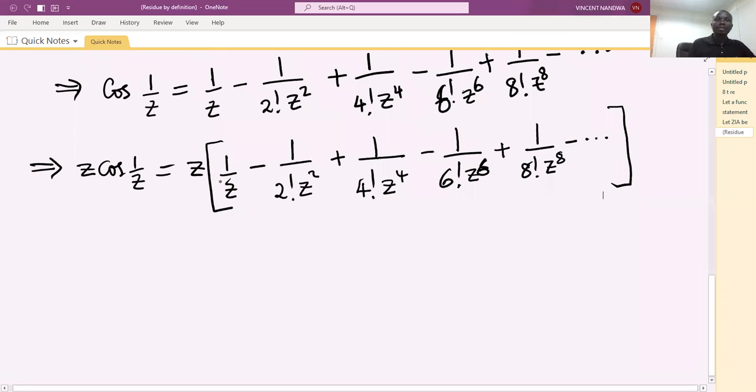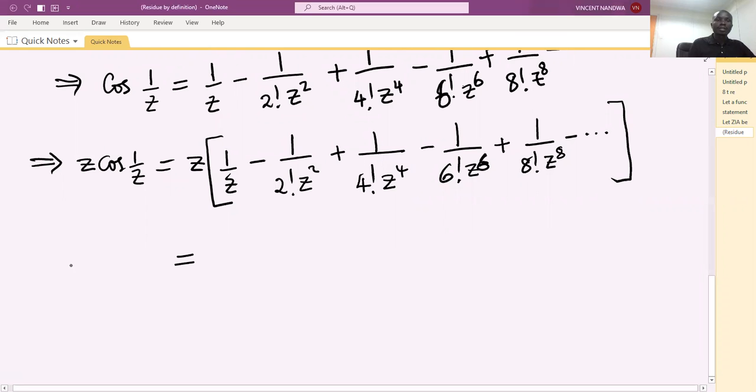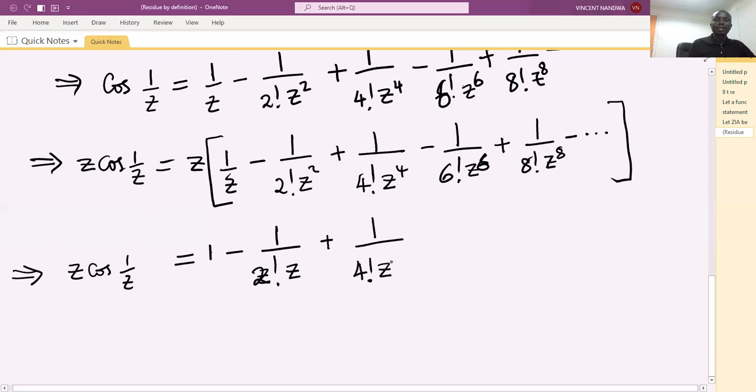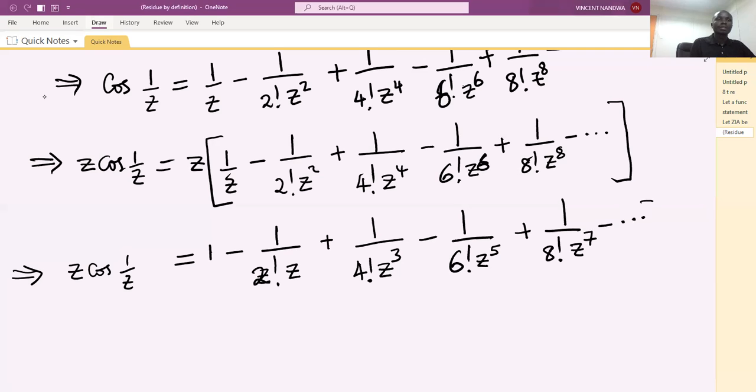So when we multiply every term by z, we get z cos(1/z) = z − 1/(2! z) + 1/(4! z³) − 1/(6! z⁵) + 1/(8! z⁷) − other several terms in that given pattern.